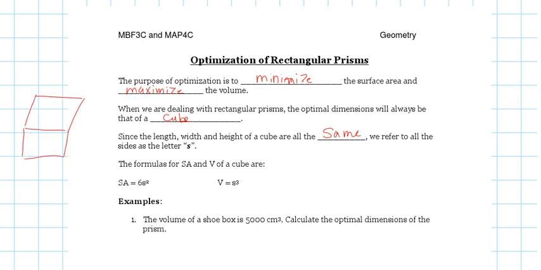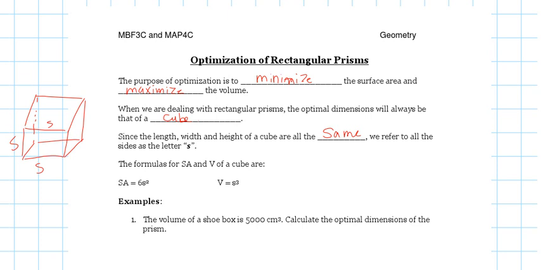To the best of my ability. Okay, and then you have side, side, side. So if you're looking at a cube, how do you find the surface area of a cube? Surface area is adding the area of all the sides.